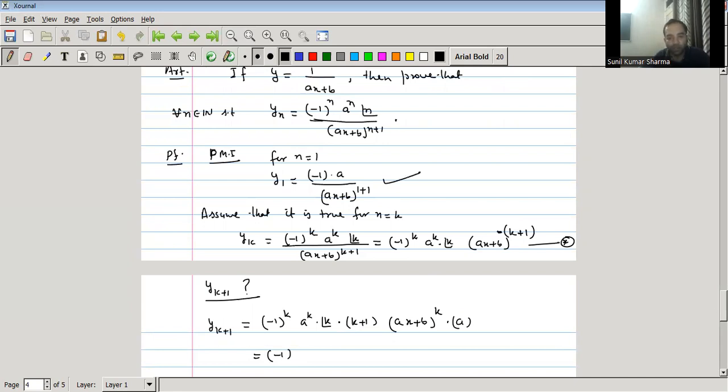So here you get minus 1 minus of k plus 1, minus of k plus 1 into a to the power, not k plus 1, it is minus k plus 1 minus 1. Right? So you get minus k plus 1 minus 1.